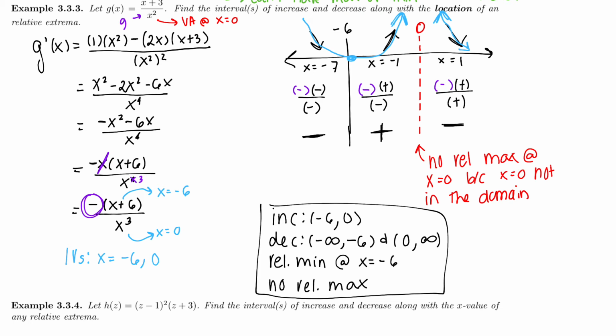Can I answer any questions on that example there? So if the asymptote was the other way, then there would be no min. Right. So are you asking like if the asymptote was here at -6 instead of being at 0?